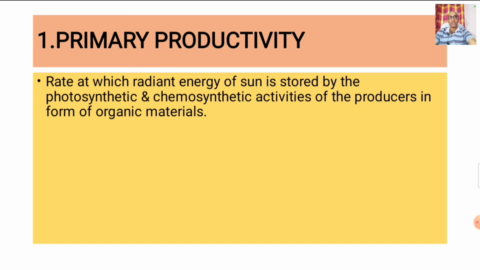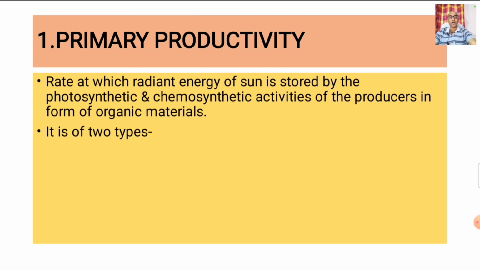So you can say that it is the rate at which the radiant energy of the sun is stored by the photosynthetic and chemosynthetic activities of the producers in the form of organic materials. This is a long definition, so in a very simple way, it is the amount of production per unit time at the producer level. Got it? So this is what primary productivity is.